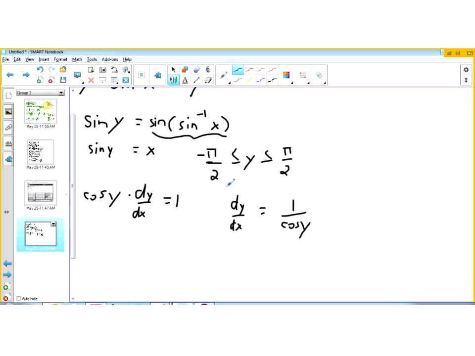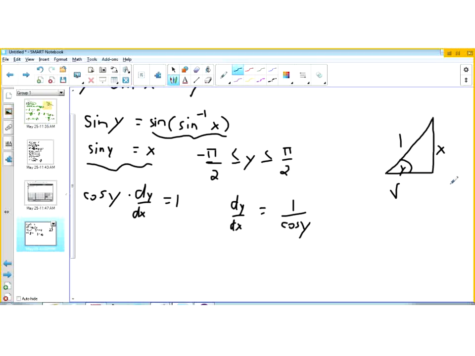How do we do that? Well, we can use a right triangle. If this is angle y, and we have a unit hypotenuse, then the sine of y is opposite over hypotenuse, and that comes from this equation right here. If the sine of y is x, what is the cosine of y?